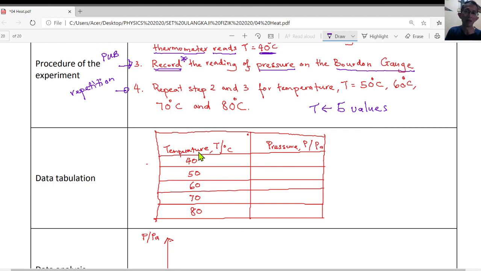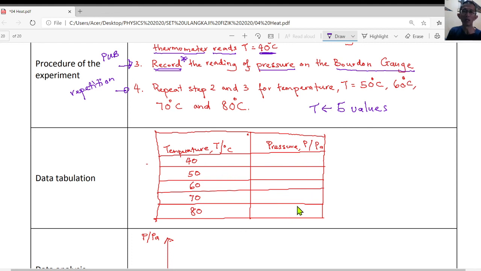Now we go to the data tabulation. I have my temperature and my pressure, and these are the values. You see here I have 1, 2, 3, 4, 5. You must have 5 values of the manipulated variable. I don't have to fill up the pressure here because you haven't done the experiment.